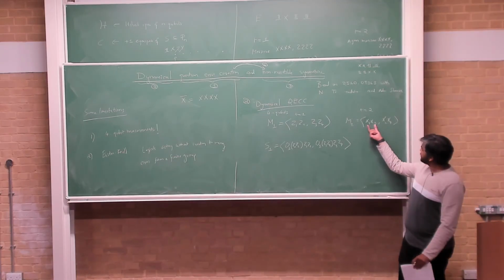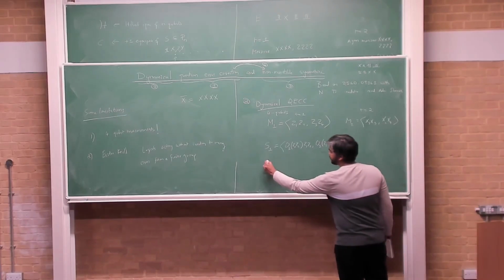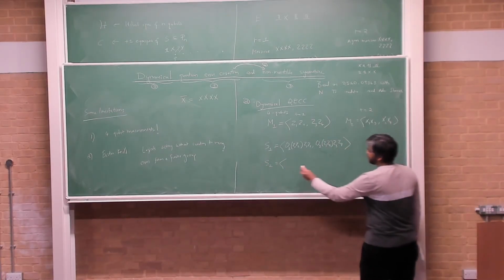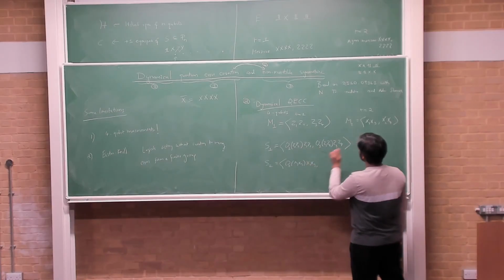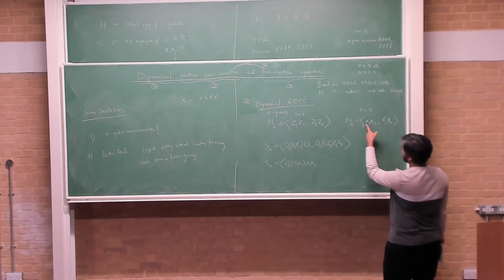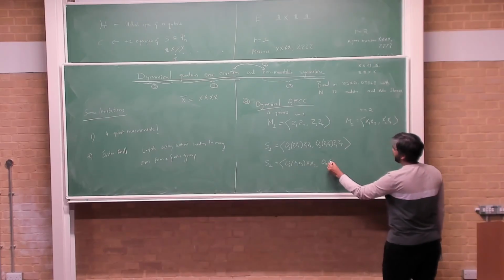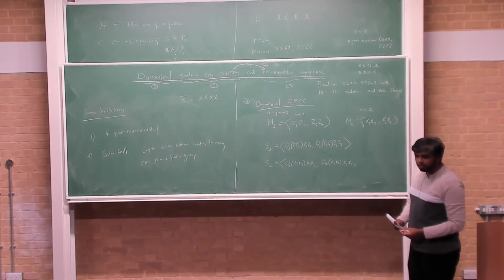So when I measure this, you get a new group S2. It contains the measurement outcome of x1, x3 times x1, x3. Similarly, the measurement outcome of x2, x4 times x2, x4. So far so good.